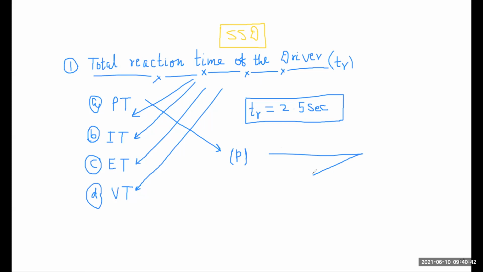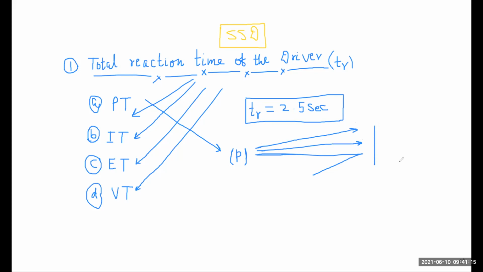Perception time involves only that you see the object, and then a signal is sent to your brain. So basically, perception time is the time taken by a driver. If the driver does not consume alcohol, then your complete focus is on the road. If a person is talking on a mobile phone and also driving his or her car or bike, then his or her total concentration is in different places, so he does not perceive the object which is ahead.